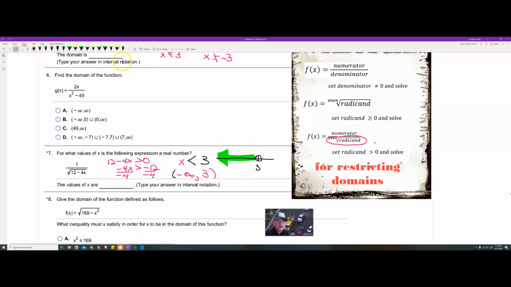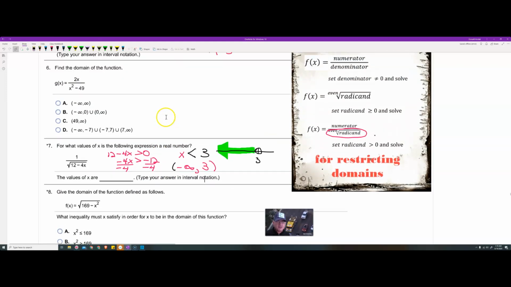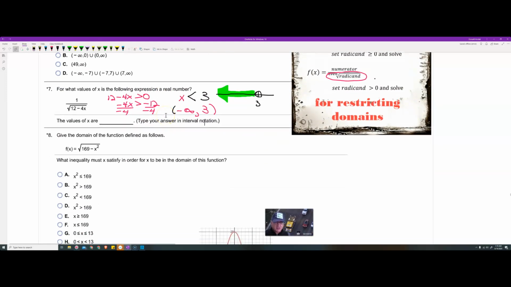All right, number 8 is probably one of the toughest problems to deal with because you've got a quadratic, a squared term, and it's under a radical. Okay, this takes some delicate techniques in order to solve correctly. So let's get started.